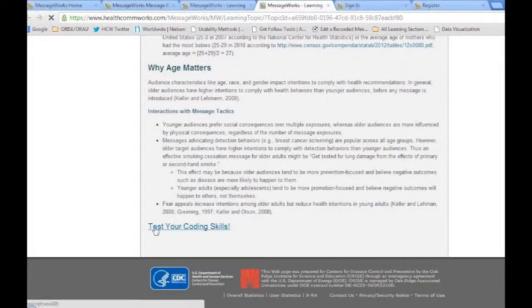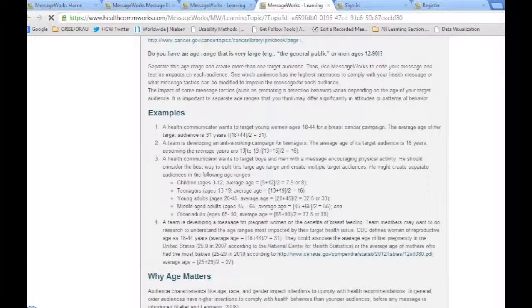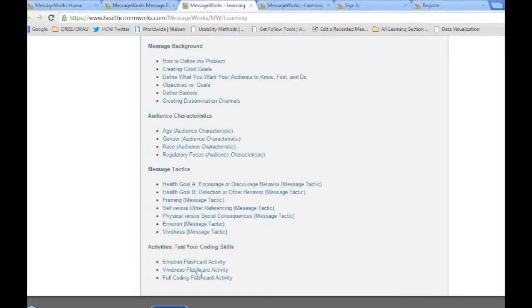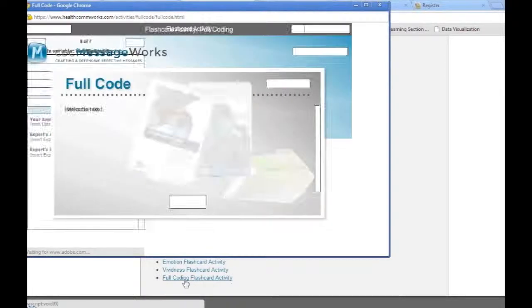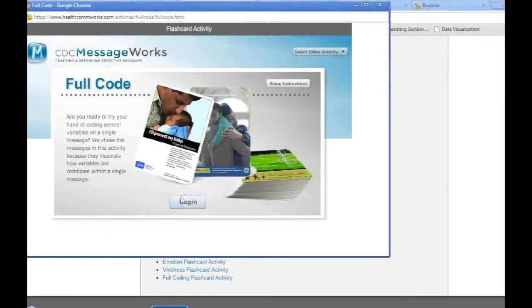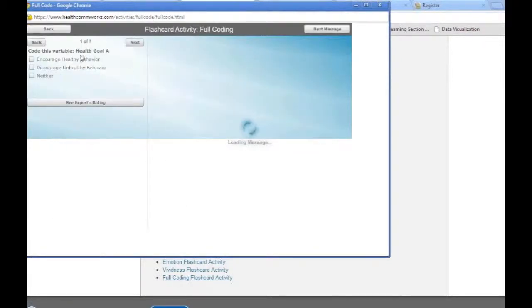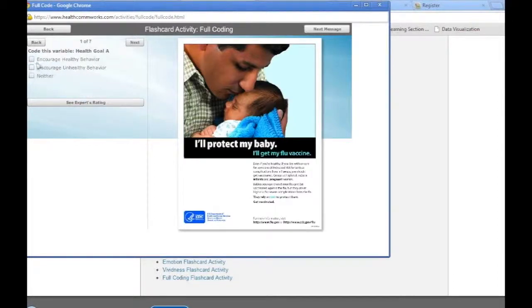And so if you go to any of these variables, you'll be given an opportunity to test your coding skills. And what that is, actually I'm going to show you, is referencing these links at the bottom of this learning section. And they're flashcard activities, which lets you take those variables to take, for example, health goal A, which is looking at whether or not you're encouraging healthy behavior or discouraging unhealthy behavior, and compare it to a sample message.